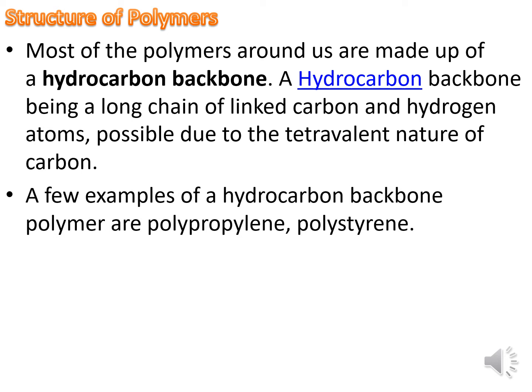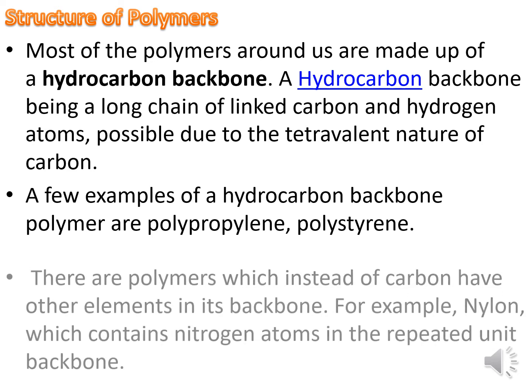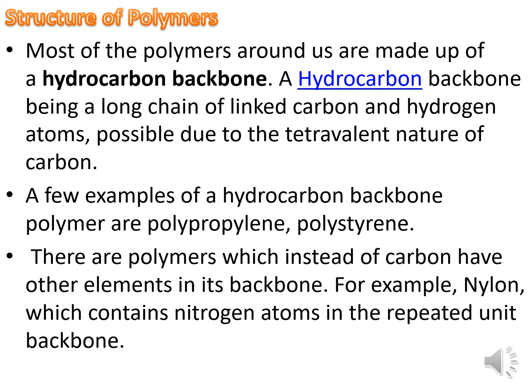A few examples of hydrocarbon backbone polymers are polypropylene and polystyrene. There are polymers which, instead of carbon, have other elements in the backbone. For example, nylon, which contains nitrogen atoms in the repeated unit backbone.